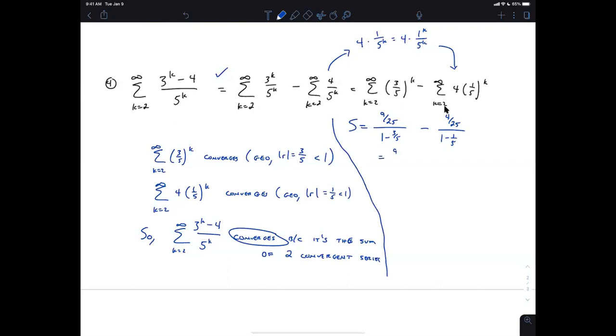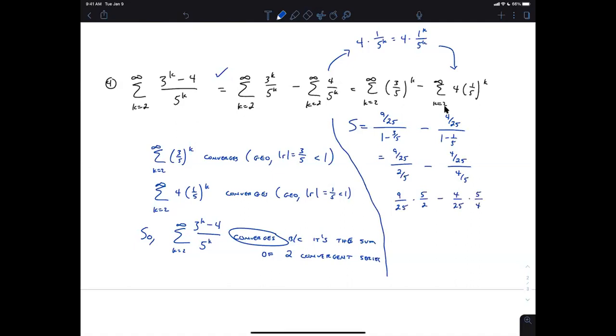And then there's just a bunch of fractions to simplify. So we get 9 over 25 over 2/5 minus 4 over 25 over 4/5. We then flip and multiply. So 9 over 25 times 5 over 2 minus 4 over 25 times 5 over 4.